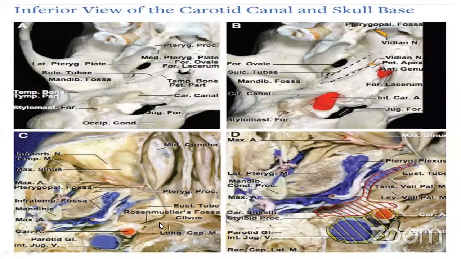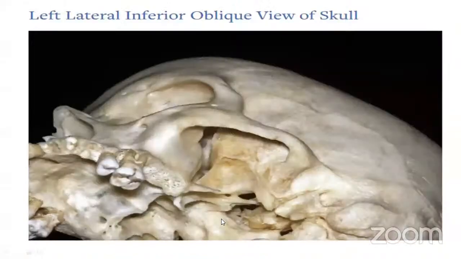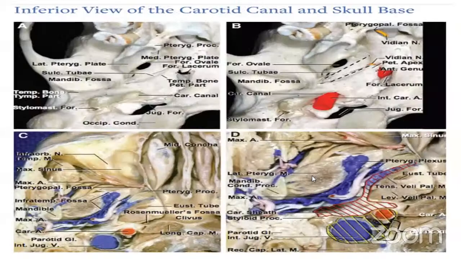So, the infratemporal fossa, coming to the boundaries: medially, I will show in a picture later, it is formed by the pterygoid process here, laterally by the mandible, which has been removed here. We can see the cut edge of the mandible.